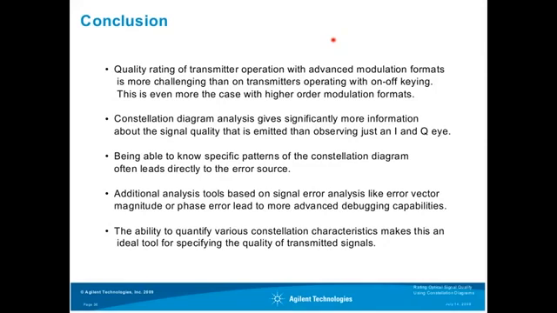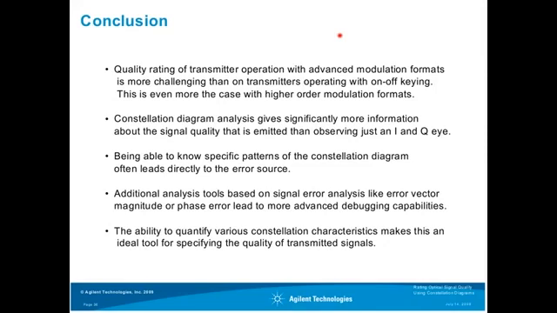The quality rating of a transmitter operating with advanced modulation formats is more challenging than for transmitters operating just with on-off keying. And you can imagine that this would be even more challenging if you used higher order modulation formats like the 16-QAM shown at the beginning of this webinar.